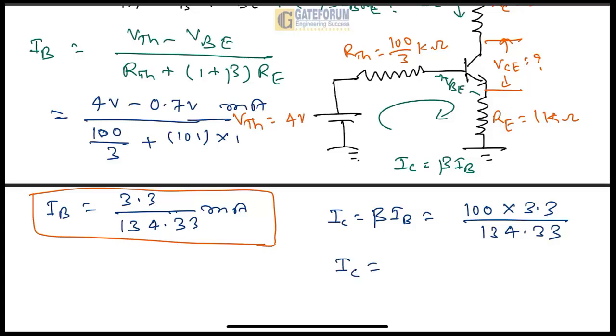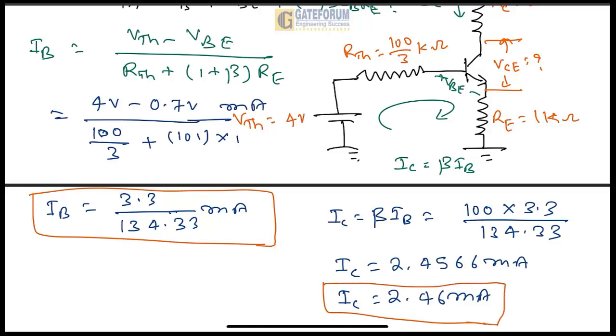So this IC is equal to 2.4566 milliampere. We can approximate this up to 2 digits in the decimal part, so this can be written as 2.46 milliampere. This IC is equal to 2.46 milliampere.